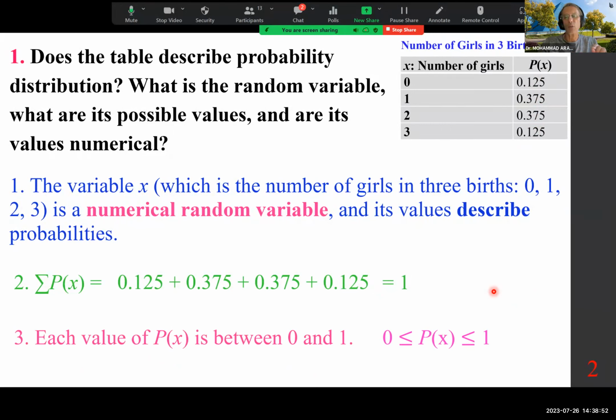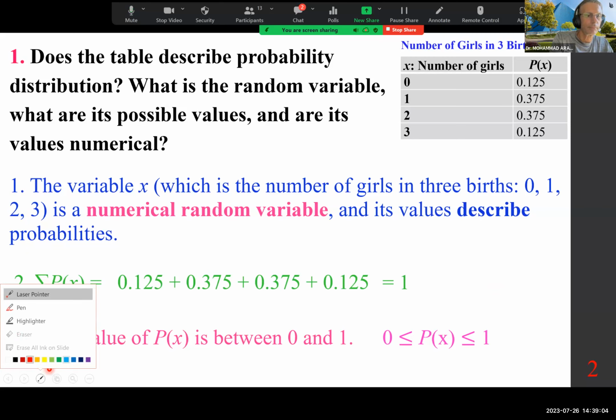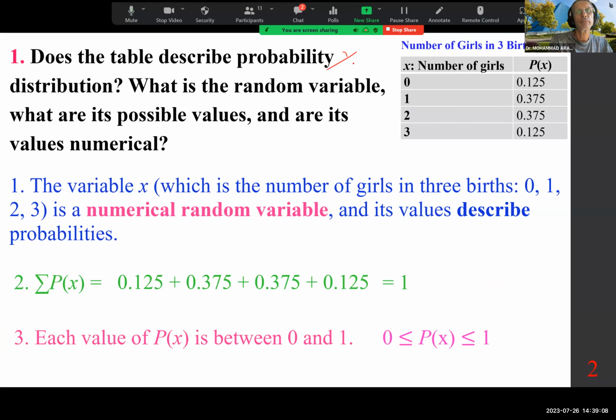We can never have a probability larger than 1. And all criteria are met. So the answer is yes.